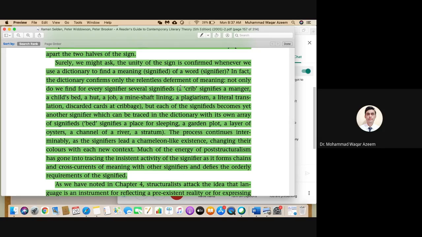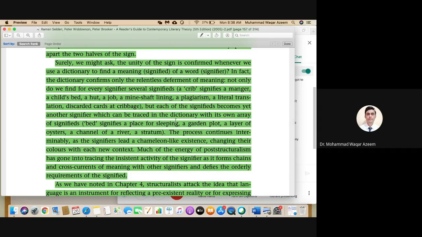Deferment means delay. Not only do we find for every signifier several signifieds, for example, the word crib signifies a manger, a child's bed, a hut, a job, a mine shaft lining, a plagiarism, a literal translation, a discarded card set, cribbage. But each of the signifieds becomes yet another signifier, which can be traced in the dictionary with its own array of signifieds.